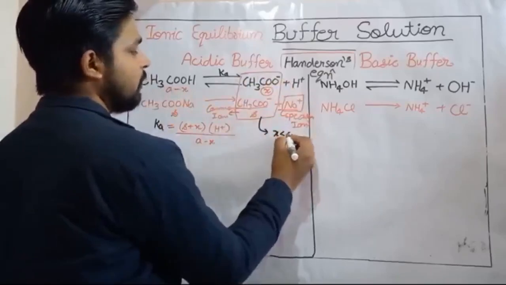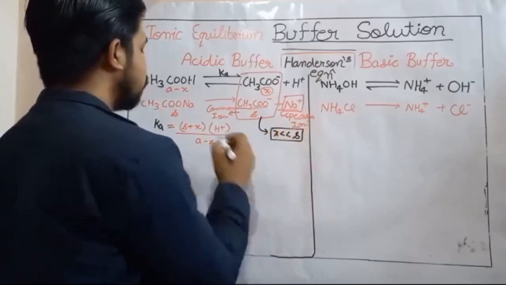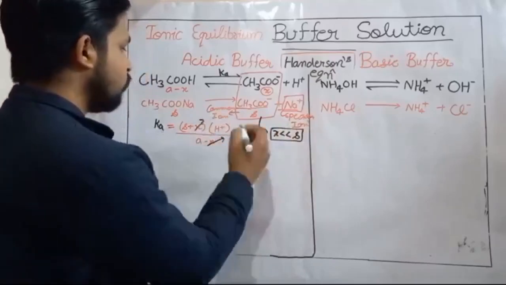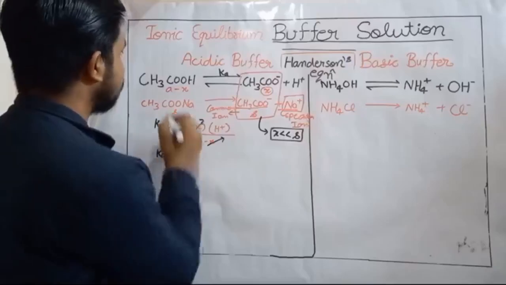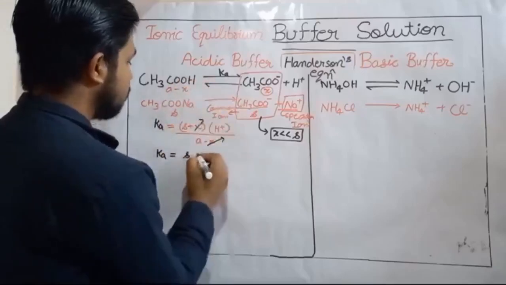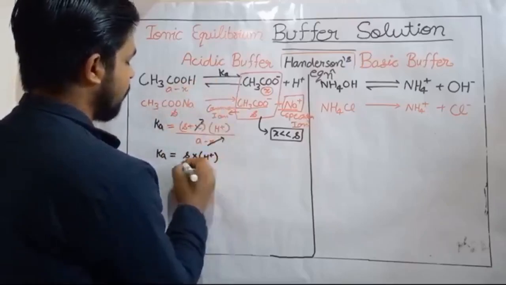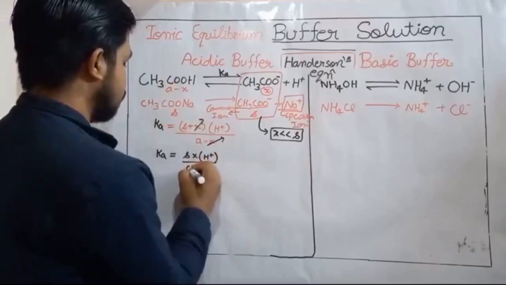X is very less than S. Okay students, so we neglect X here. Okay, so we write Ka, the dissociation constant for weak acid, as S into H plus concentration upon acid concentration.